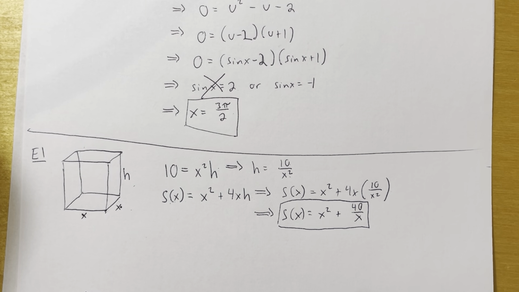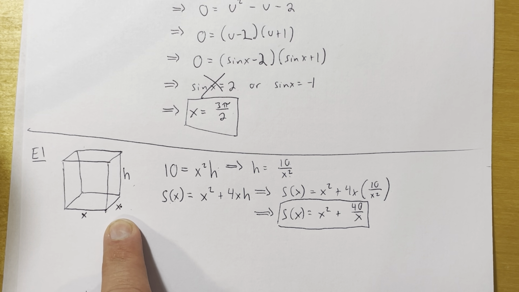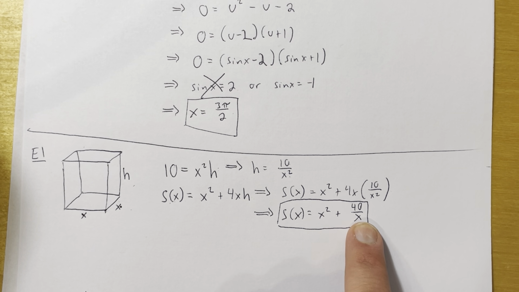We found a function where if we were to find the length of one of the sides of this square base, just that one length, we could plug it into this function, and the end result would give us the entire surface area of that box, which takes into account the fact that we don't have a top on that box. Okay? So that's the first and honestly the easiest of the problems that we're going to be dealing with.